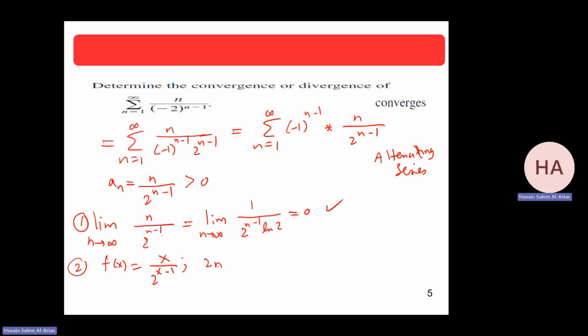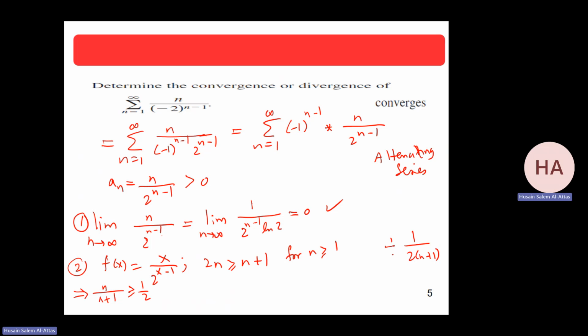Notice 2n is greater than or equal to n plus 1 for all n greater than or equal to 1. Now divide by n plus 1 and by 2, and divide by 2 to the n minus 1. What will you get? You will get n over n plus 1 greater than or equal to half.